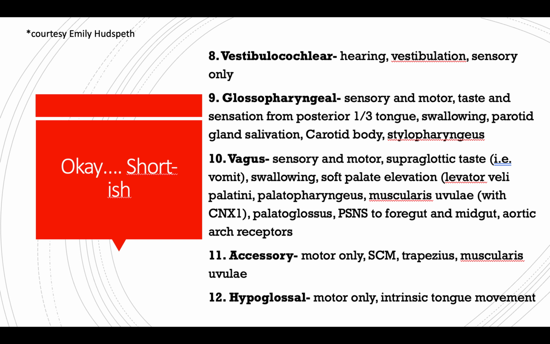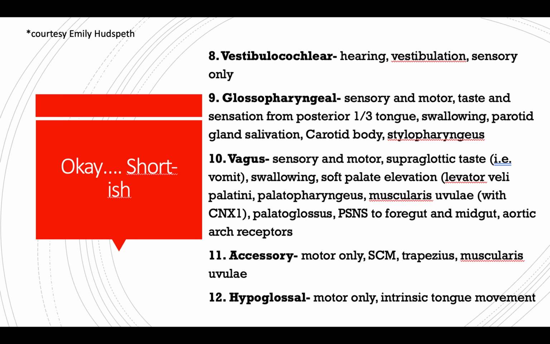Glossopharyngeal, since this one's both, we could expect it to have both a sensory and a motor nuclei, motor being more medial, sensory being more lateral. This one will do taste and sensation to the posterior 1/3 of the tongue. It is responsible for helping the pharynx swallow, and it also does the sensory of the carotid body.